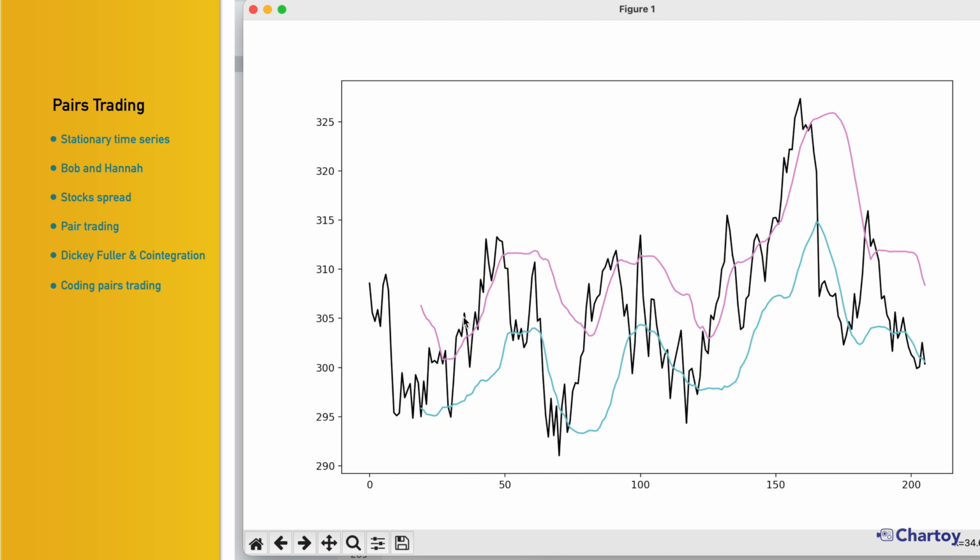So here it goes out from the top, we expect to revert back to the normal. And essentially these lines will be used in one way or another to make decisions about when we want to enter a position and when we want to exit a position.